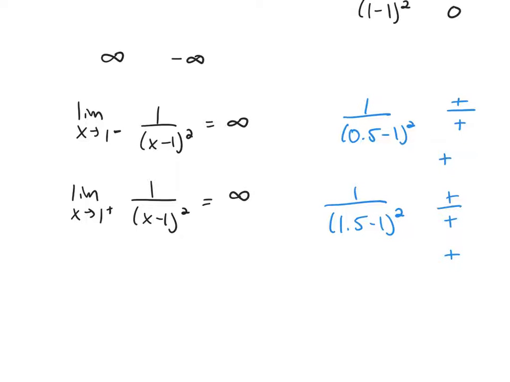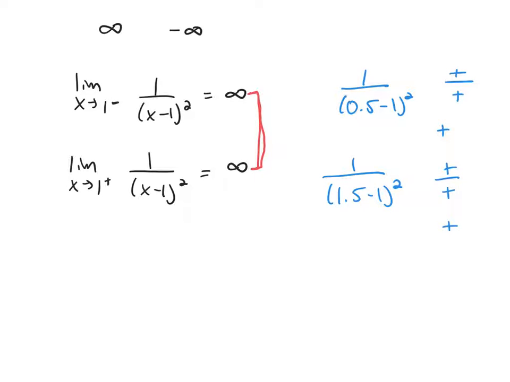Now you want to compare your left-hand limit and your right-hand limit and see, are these the same? They are indeed the same, so I can conclude that the limit as x goes to 1 does exist and it's equal to infinity. So there's my answer. You need to make sure that these are the same.